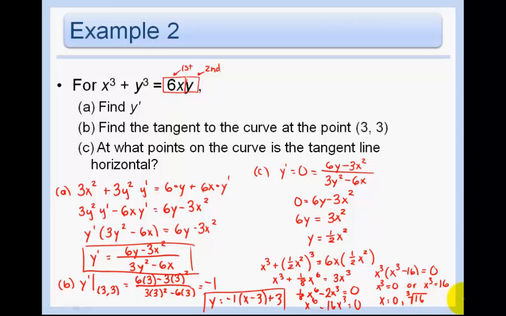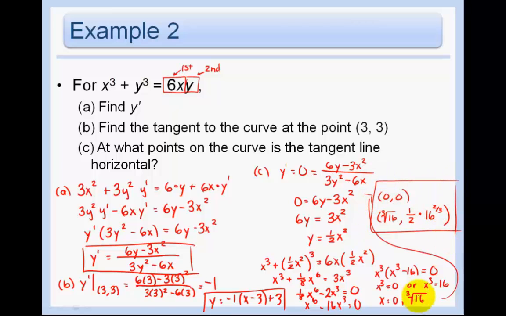And so they were asking us at what points, and so these are our x's and our y's. Remember, y is 1/2 x squared, so our points would have been (0, 0), or the cube root of 16 and then 1/2 times 16 to the 2/3. And we can just leave that because we did the cube root of 16 and then we squared it.